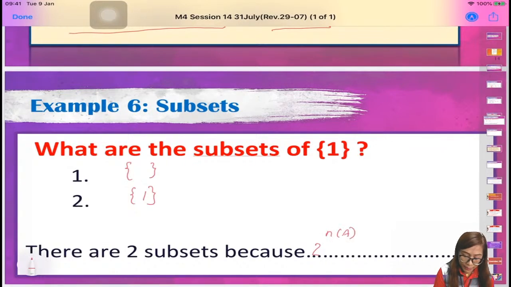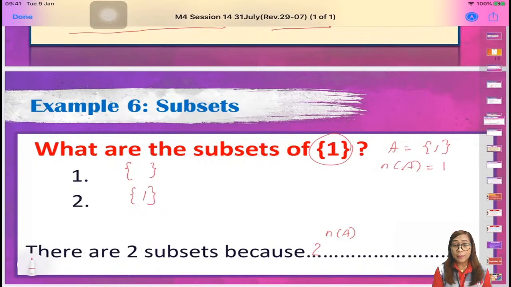What is n of A? If A is equal to the set of 1, then n of A is equal to 1. There's one element. The cardinality is 1. So this is equal to 2 to the first power, which is equal to 2.